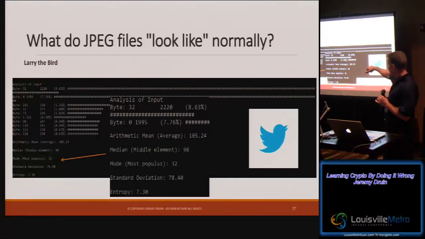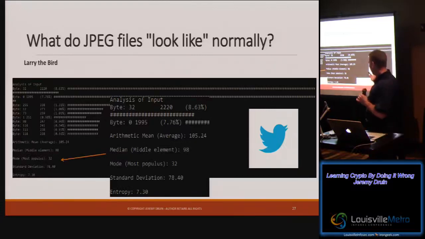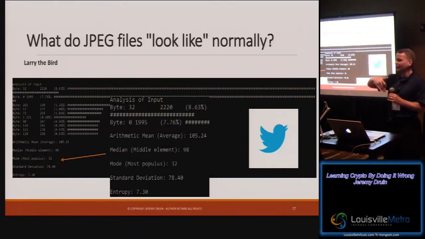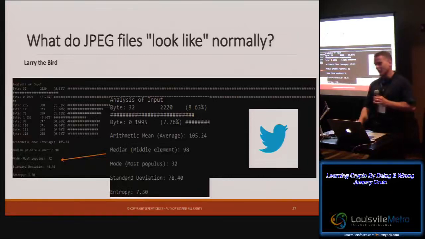But what's interesting is that byte 0 was still second place. And the numbers are way off too. Notice that byte 32 is 8.63%, and then byte 0 is 7.76%. So even though byte 0 came in second place, it's actually a much larger portion of the file than it was even in the ones where byte 0 got first place.